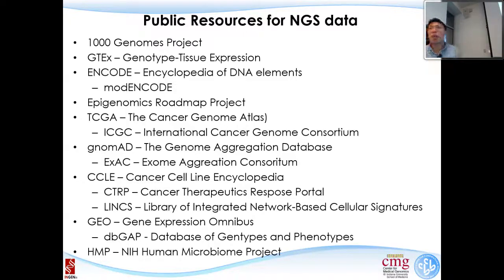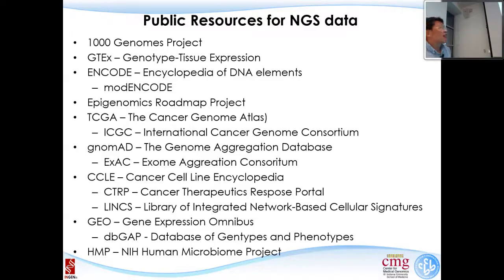There is a similar project called the modENCODE project for C. elegans and Drosophila, and a similar project called the Epigenomics Roadmap project. The goal is looking for epigenetic markers, but different from ENCODE, which mostly focuses on cell line studies, the Epigenomics Roadmap project is at the tissue level or stem cell level.